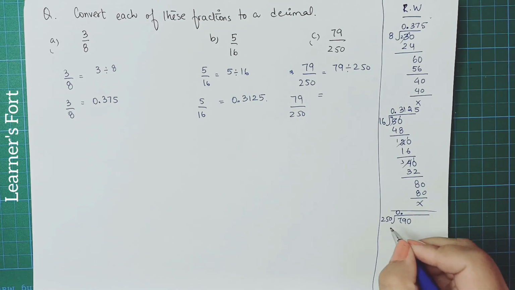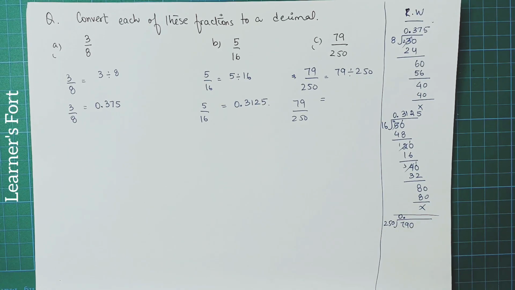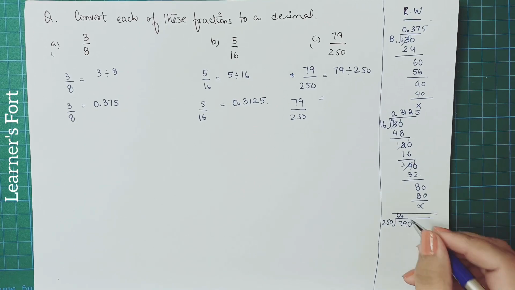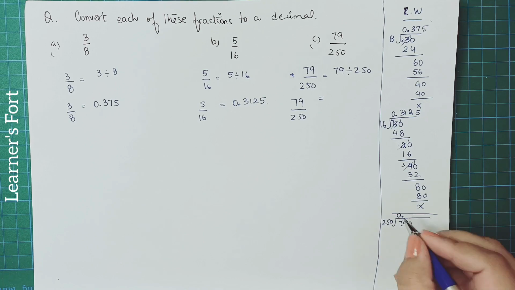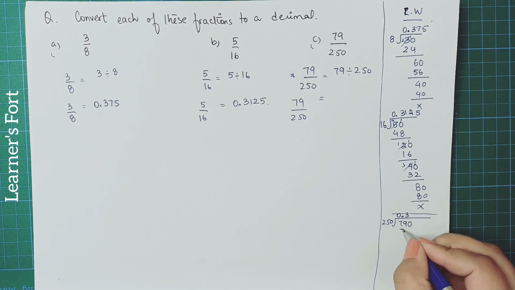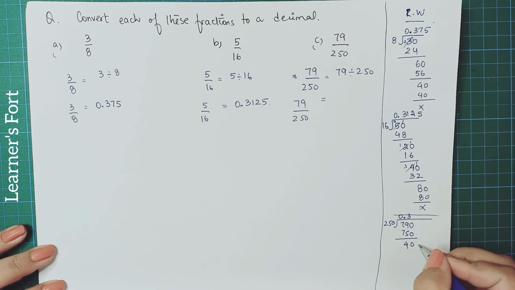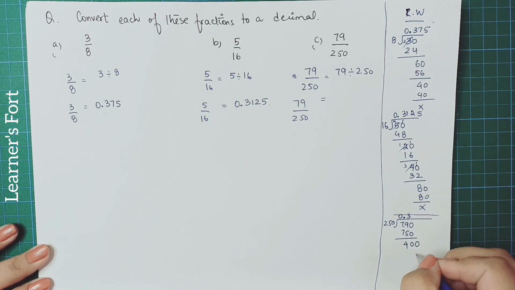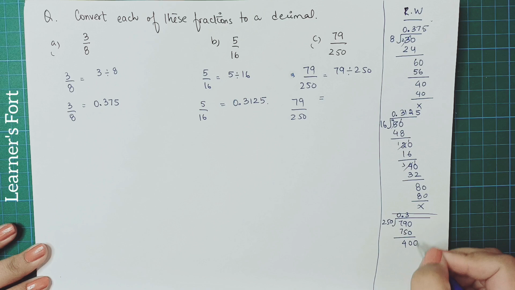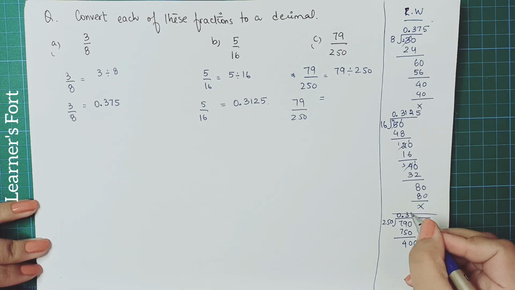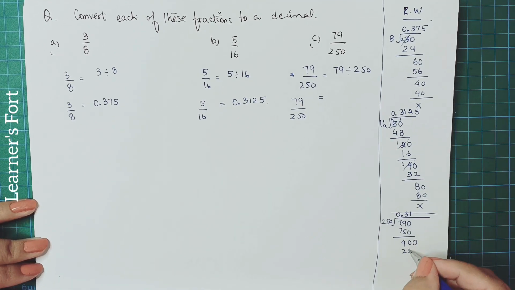You know that 250 ones are 250, 250 twos are 500, 250 threes are 750, and 250 fours are 1000. So the nearest is 250 threes are 750. Alright, so 0 here, and we have 4, and we can have another 0. So the nearest one to 400 will be 250 ones are 250, 250 twos are 500, which is greater than 400. So we're going to write 250 ones are 250.